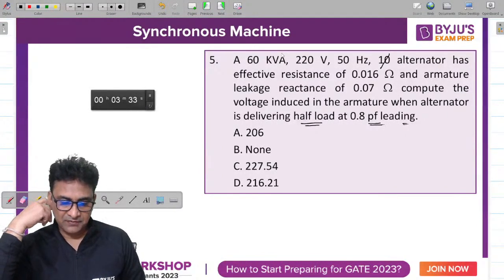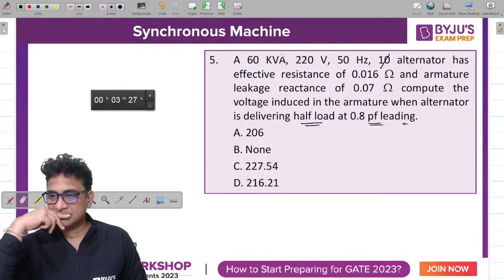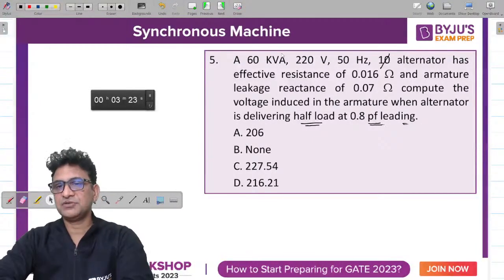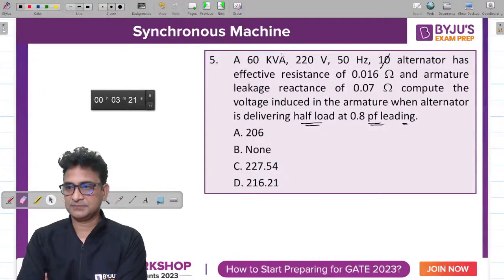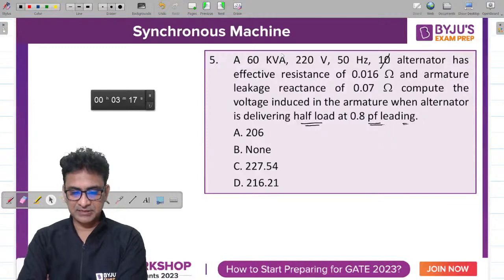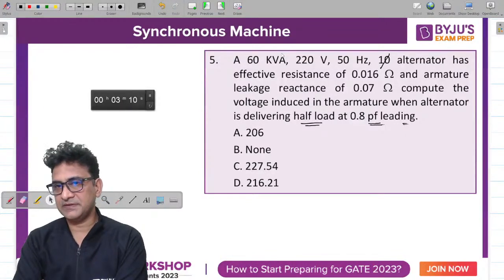At the time of half load, it is a single phase alternator. So whatever the voltage or current is given, it would be the single phase voltage and current. The resistance is given, the leakage reactance is given. The resistance of the armature winding and the leakage reactance of the armature winding are given.